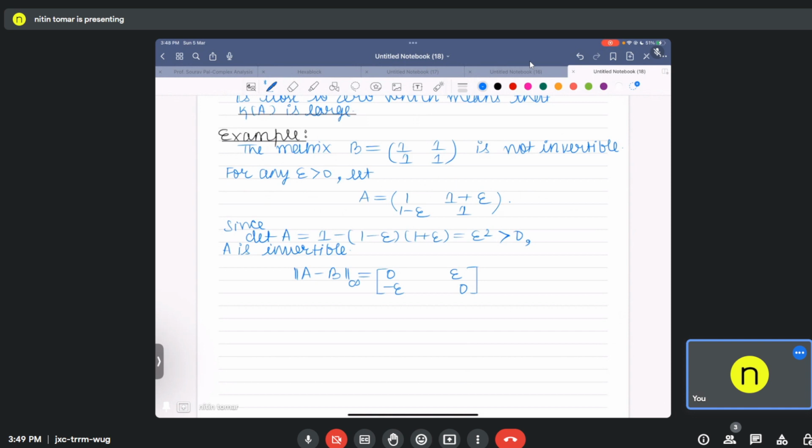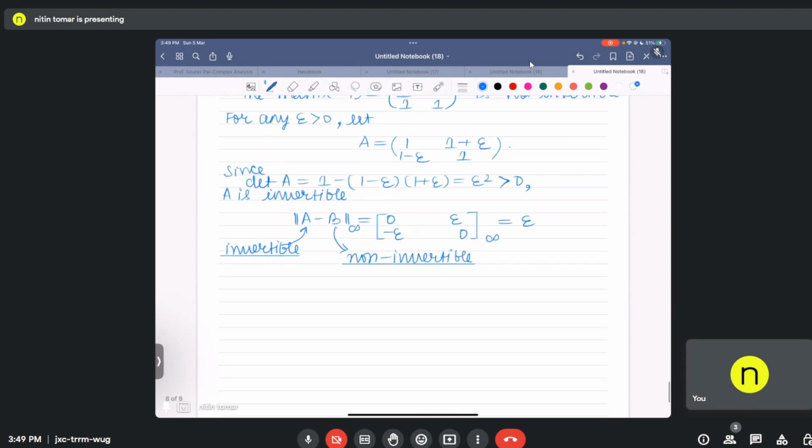It will be epsilon, right? So it is a small change, right? So now you know what we mean by close to a non-invertible matrix. A is an invertible matrix and B is a non-invertible matrix. And what is the distance between them? It is at most epsilon, right?